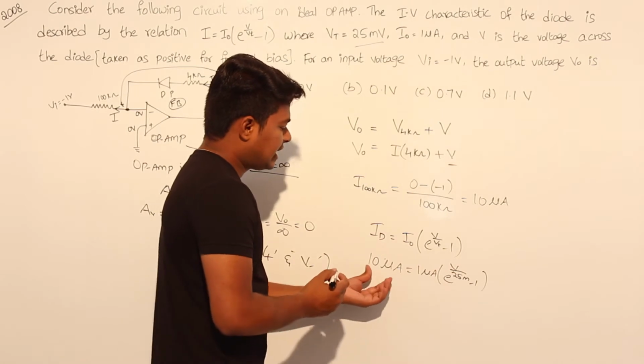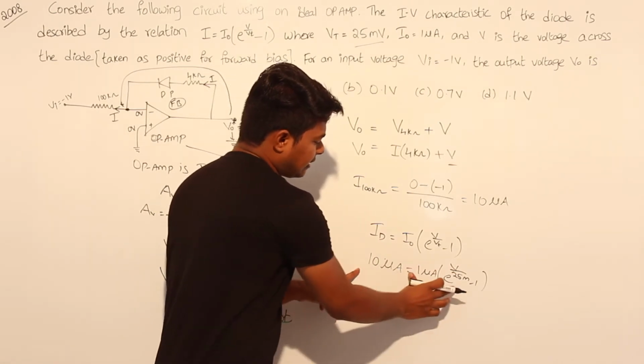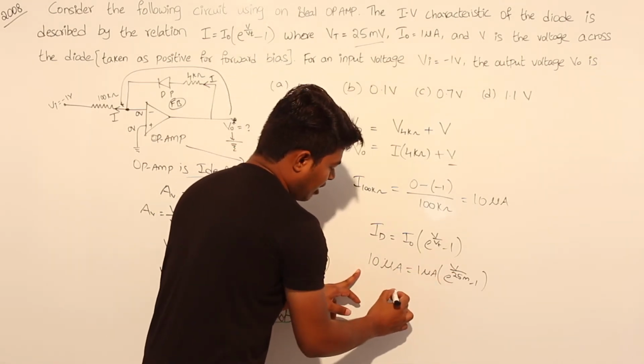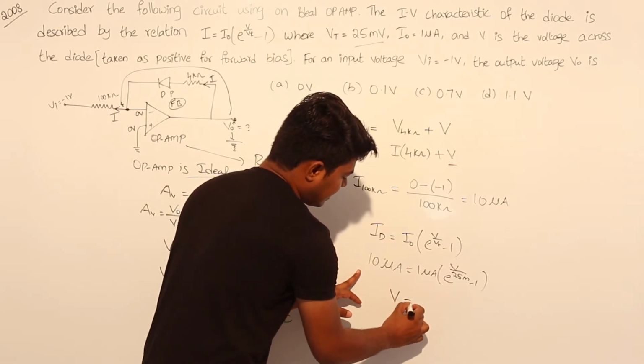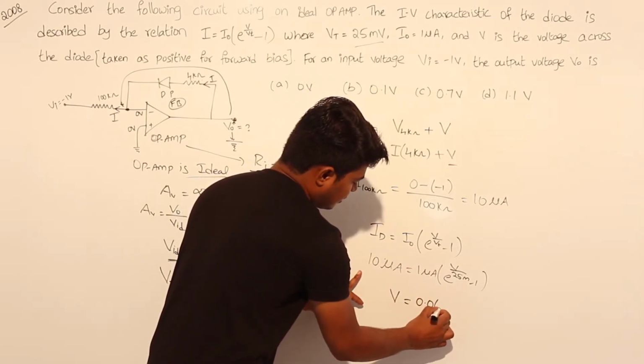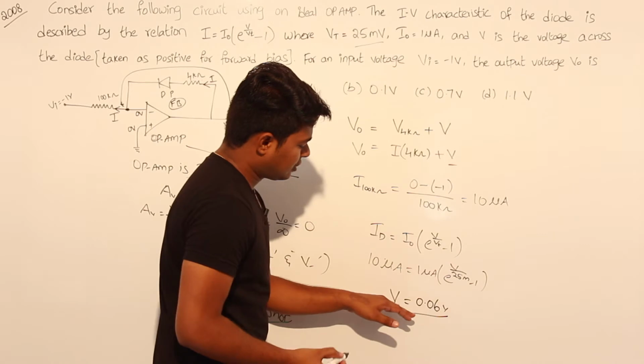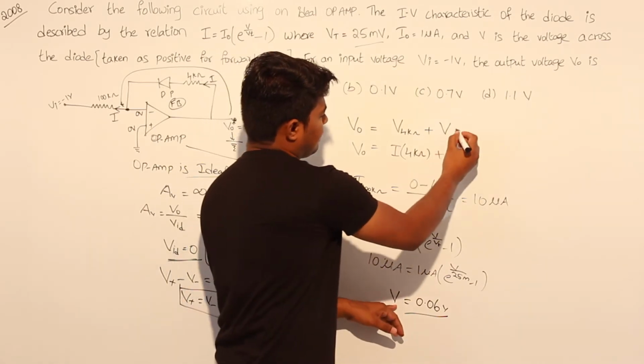You can use a scientific calculator for this. After all the calculations, you get V as 0.06 volts.